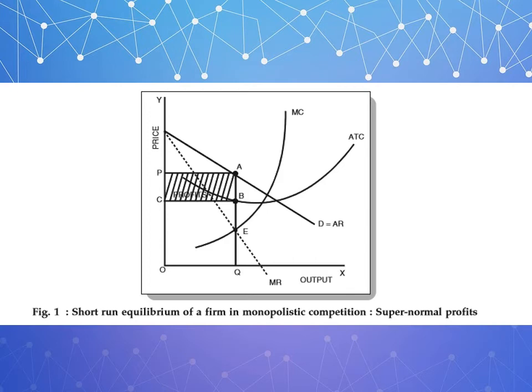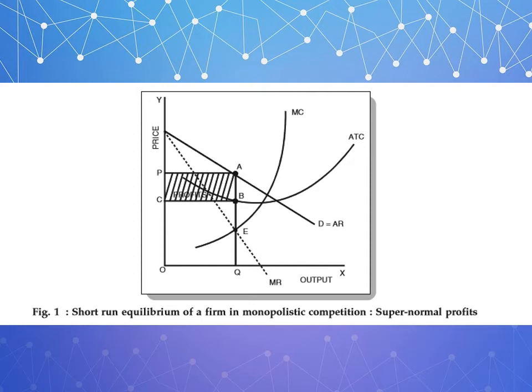In monopolistic competition, since the product is differentiated between firms, each firm does not have a perfectly elastic demand for its products. In such a market, all firms determine the price of their own products. Therefore, each faces a downward sloping demand curve.